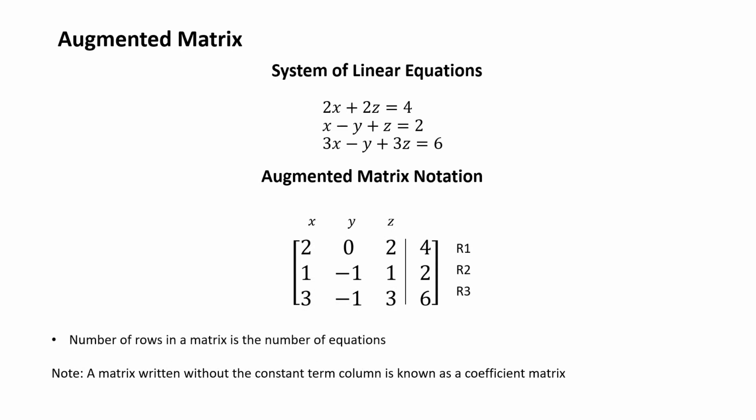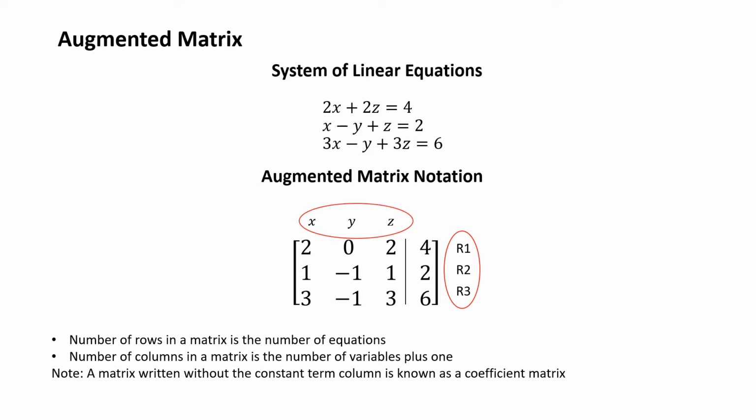The number of rows in a matrix is the number of equations. Since there are 3 equations in this system, we have 3 rows. The number of columns in a matrix is the number of variables plus 1. Since we have 3 variables, x, y, and z, there are 3 columns plus 1, so a total of 4 columns in this matrix.